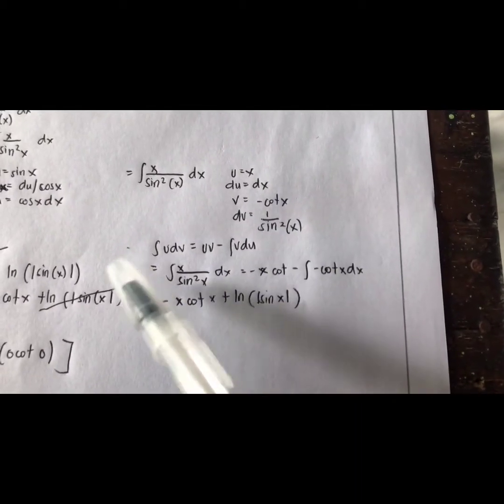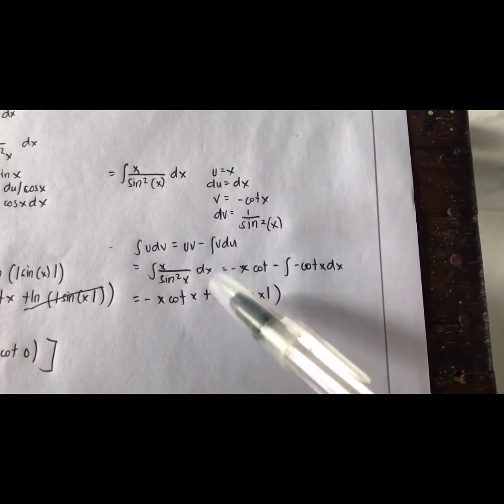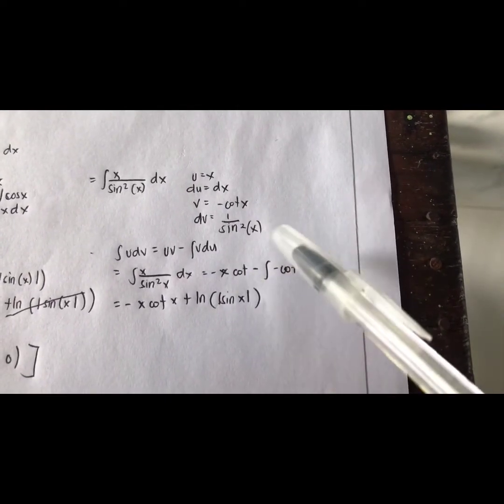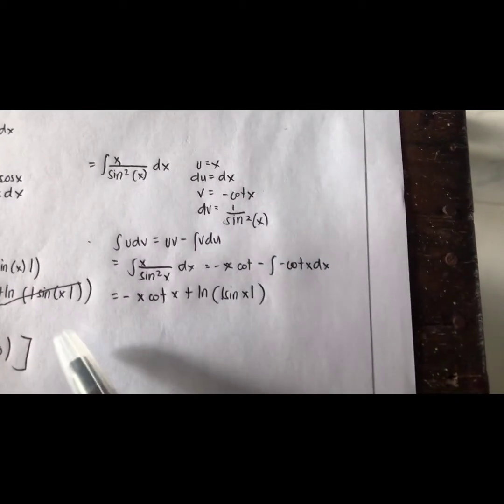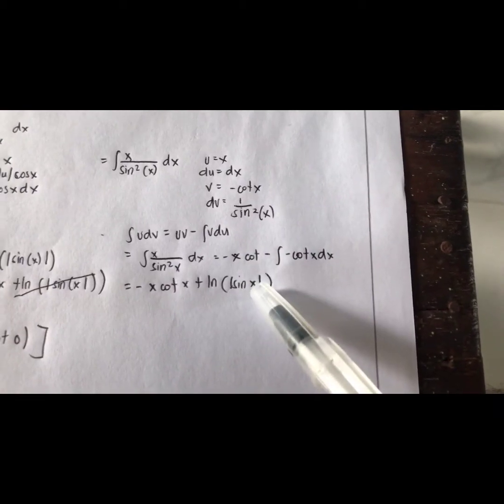So we will have the integral of x over sine squared x dx is equal to negative x cotangent x minus the integral of negative cotangent x dx. And that will give us negative x cotangent x plus ln the absolute value of sine x.